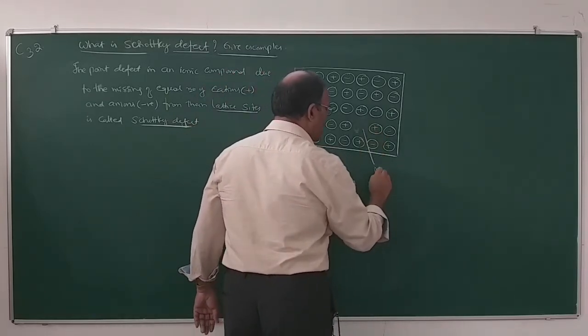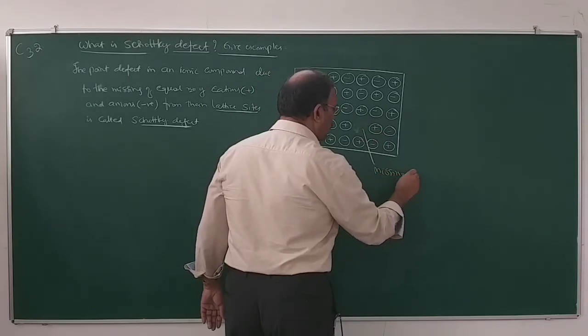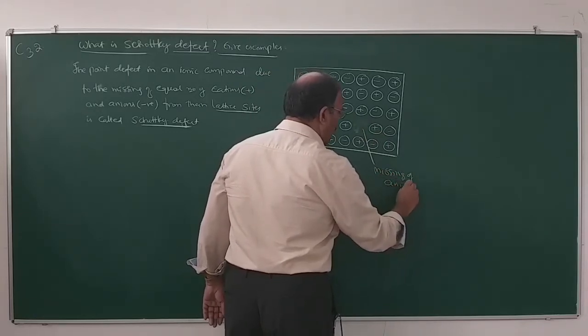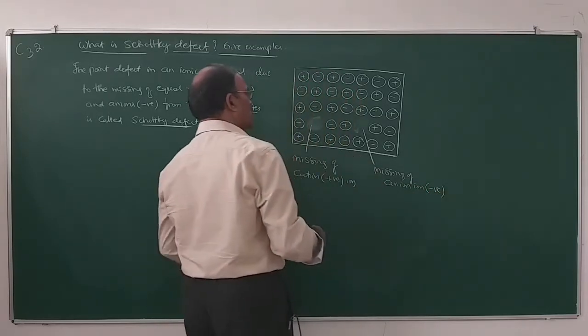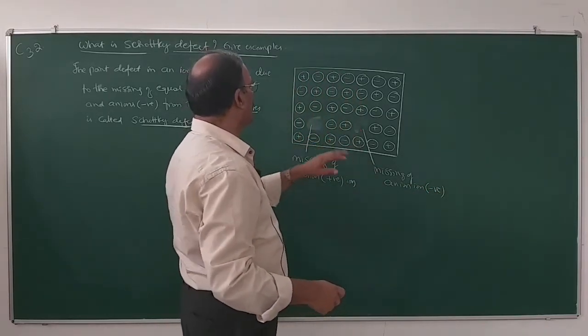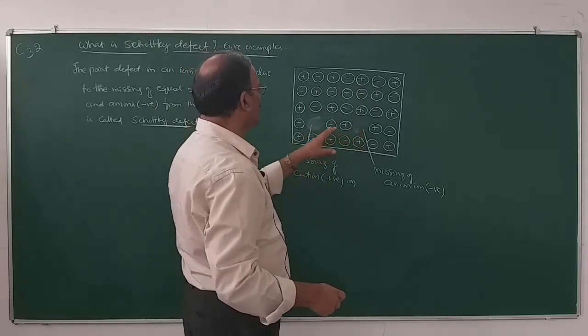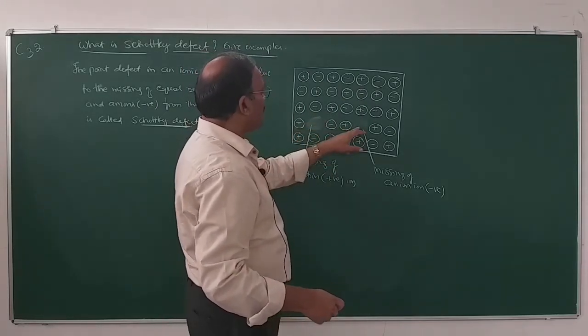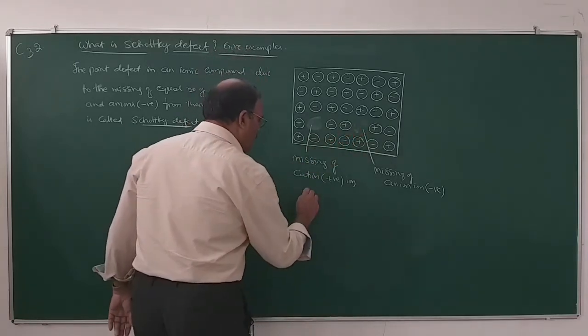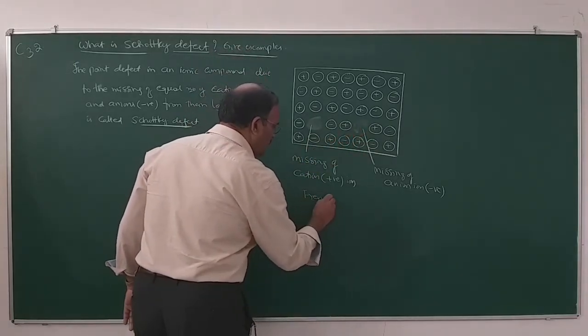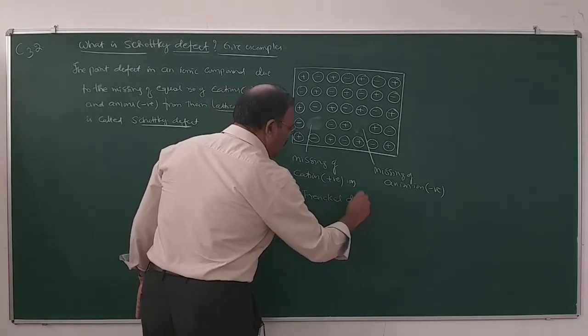Here it is the missing of an anion, a negative ion. So missing of equal number of positive and negative ions from their lattice sites is known as Schottky defect.